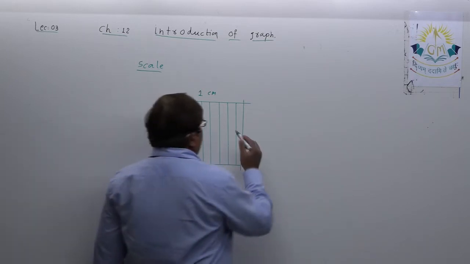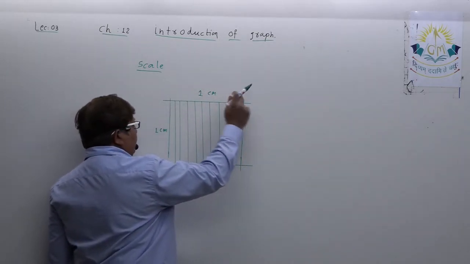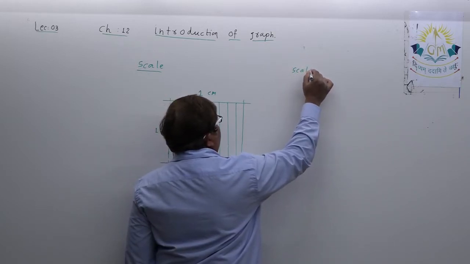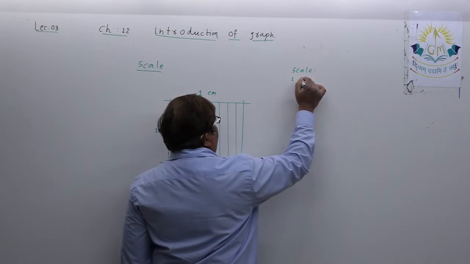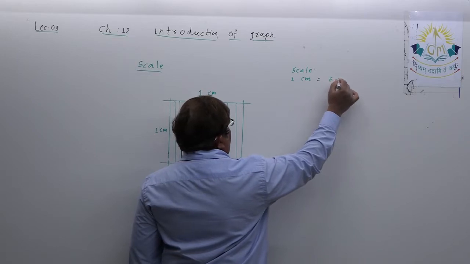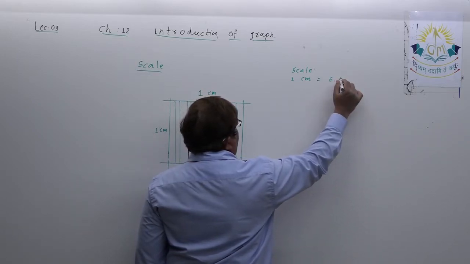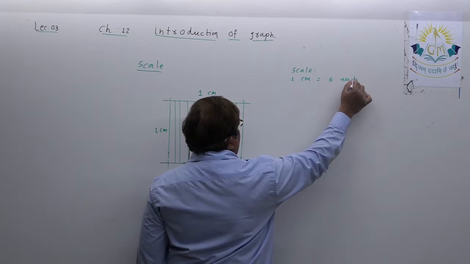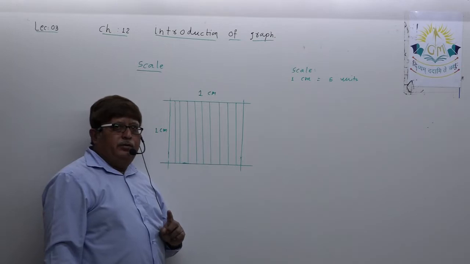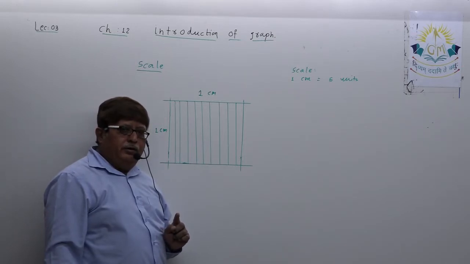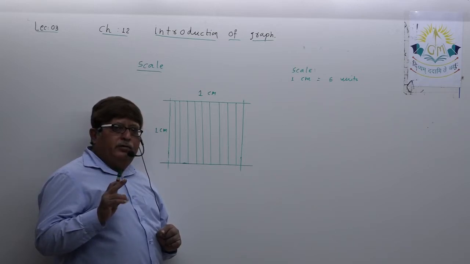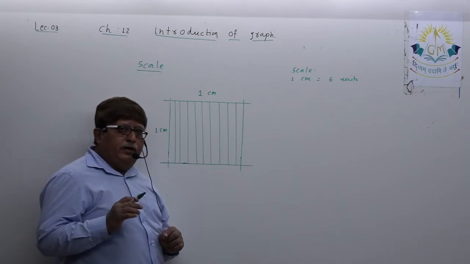But suppose I take some scale, try to understand this basic. Suppose I have taken such a scale: 1 centimeter equal to 5 units. Now I am not taking 1 centimeter equal to 10, but I am taking 1 centimeter equal to 5.